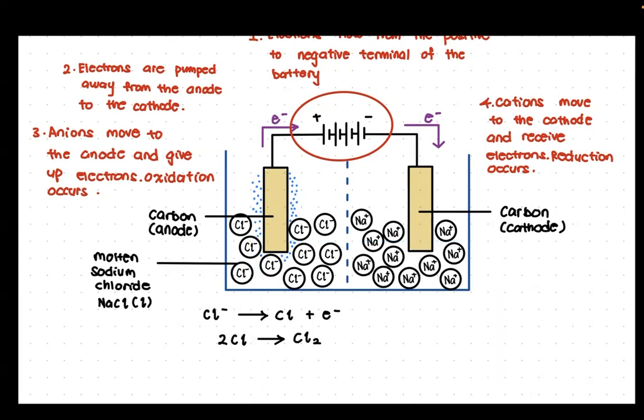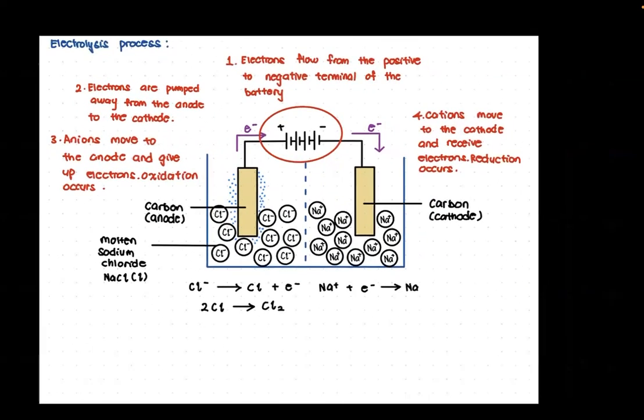Na can exist in this form because it is a metal. As I already said, what is on our left side does not matter. What is on our right side matters because that is our product.